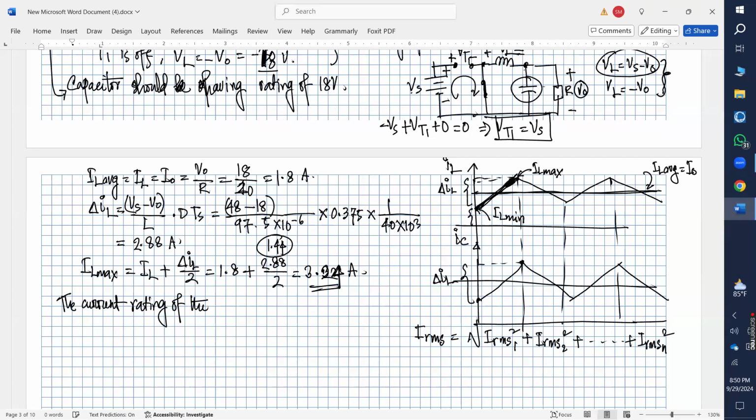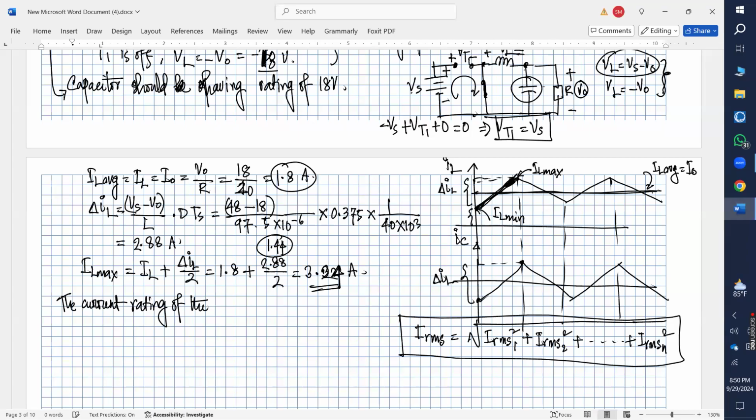Did you ever see this equation? Yes, sir. So now you have a simple DC waveform. This DC value is 1.8 amps. And then you have a triangle.